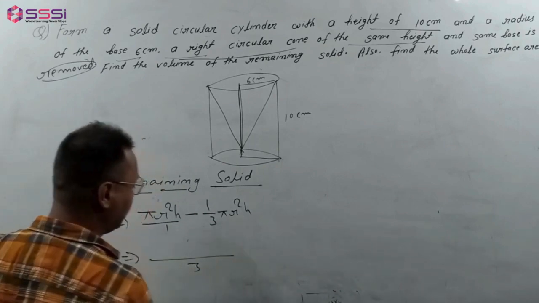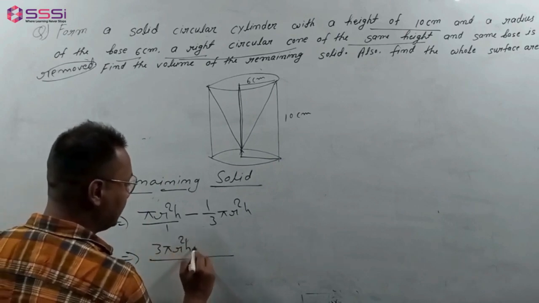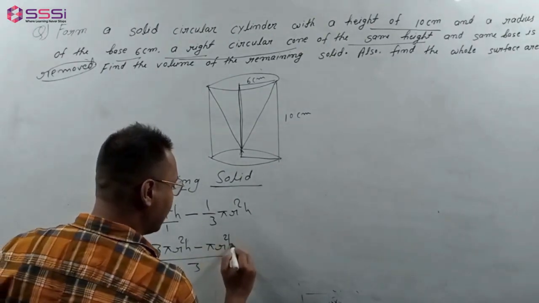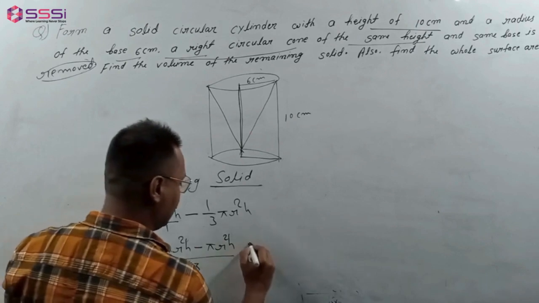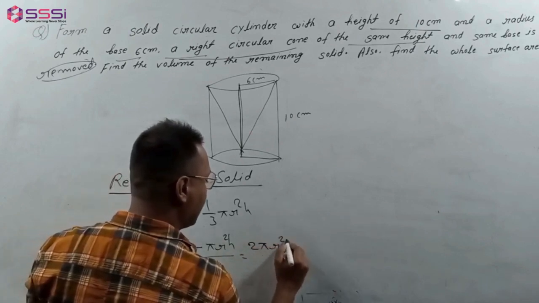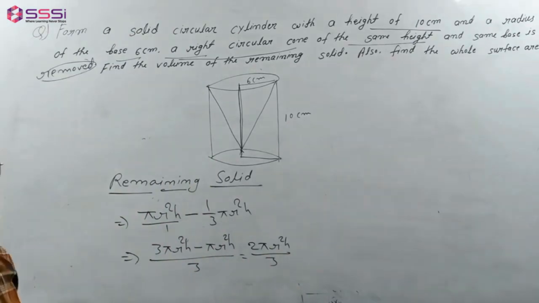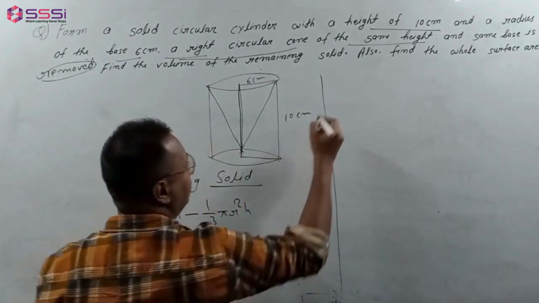This is our LCM 3, and 3 pi r square h minus pi r square h, subtract it, 2 pi r square h divided by 3, and going to solve it.